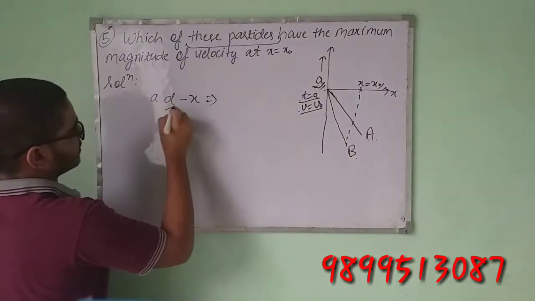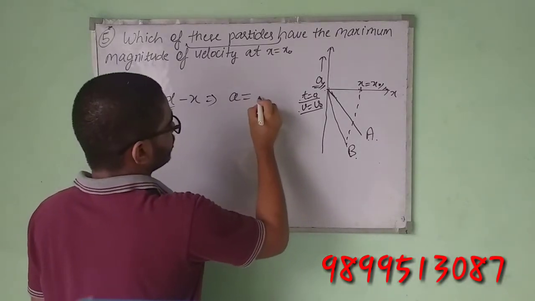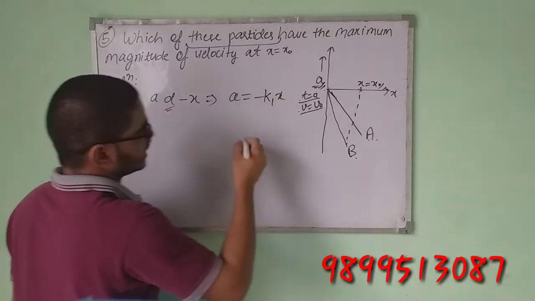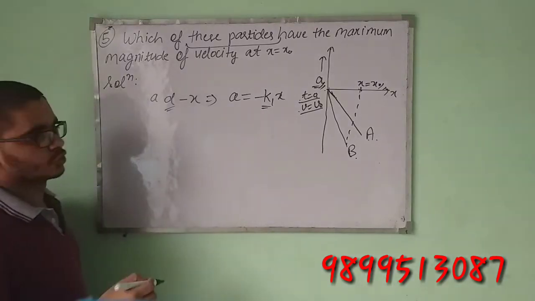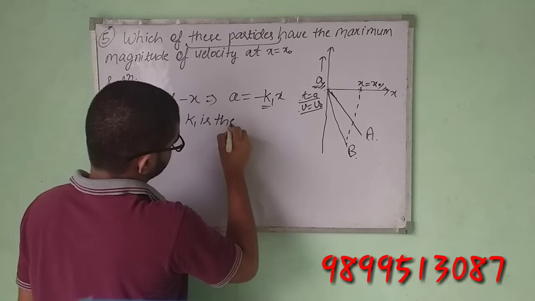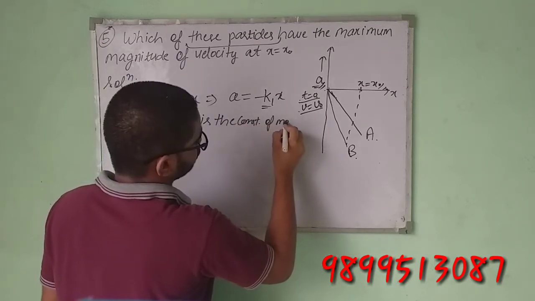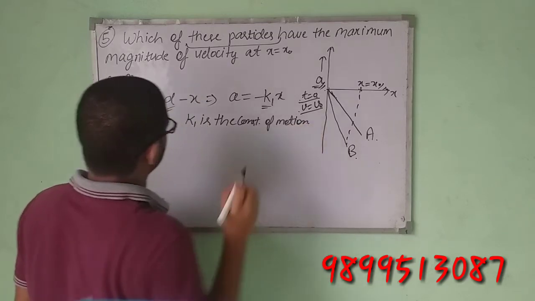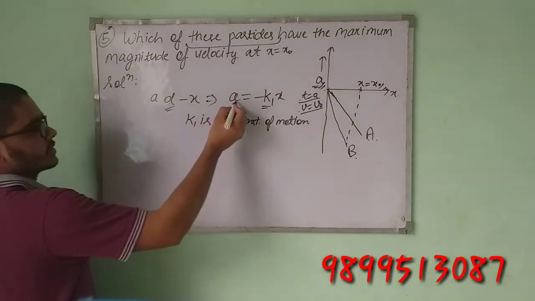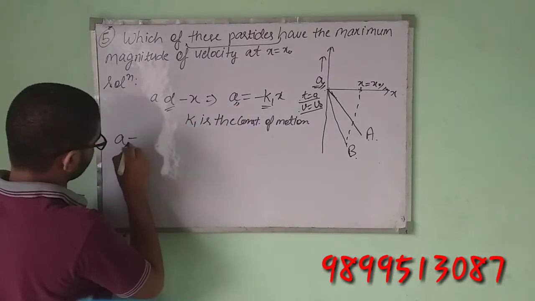And I shall remove this proportionality sign with a constant, say a equal to minus k1 x, right? Where k1 is the constant of motion. You will write it: k1 is the constant of motion.